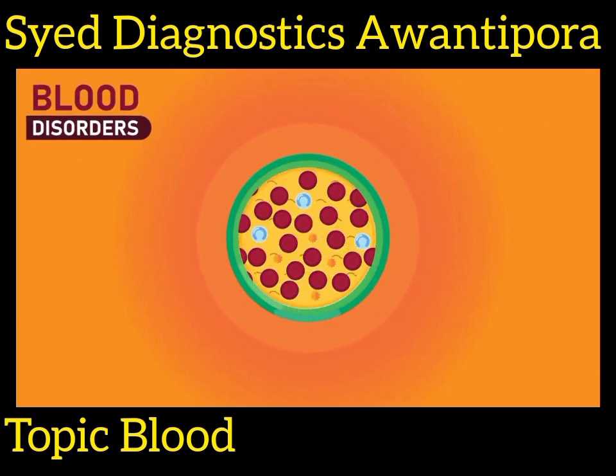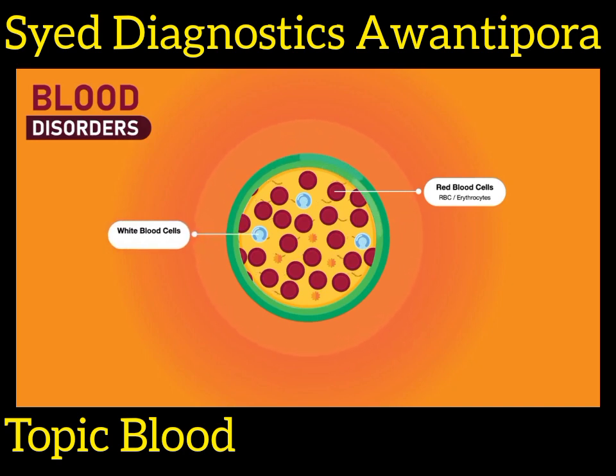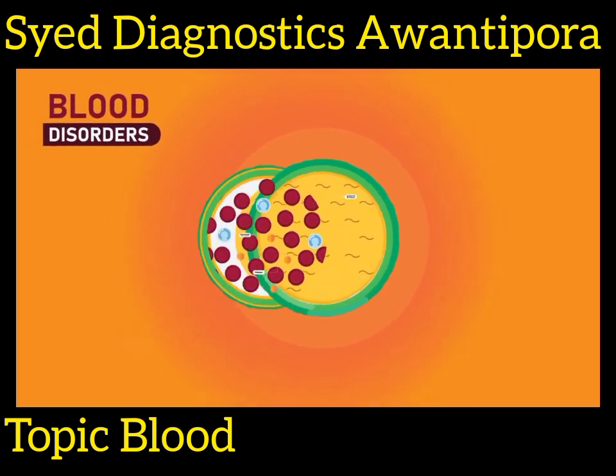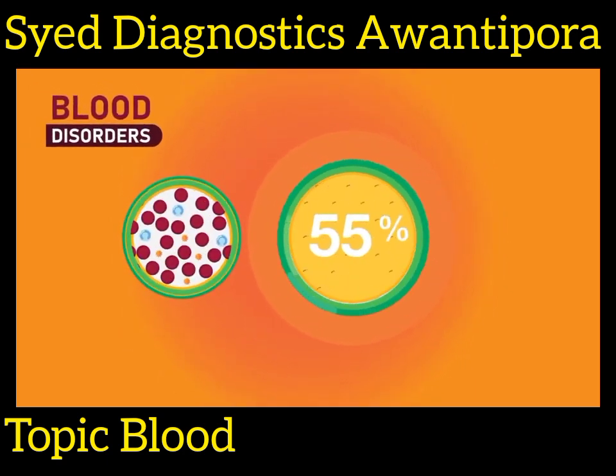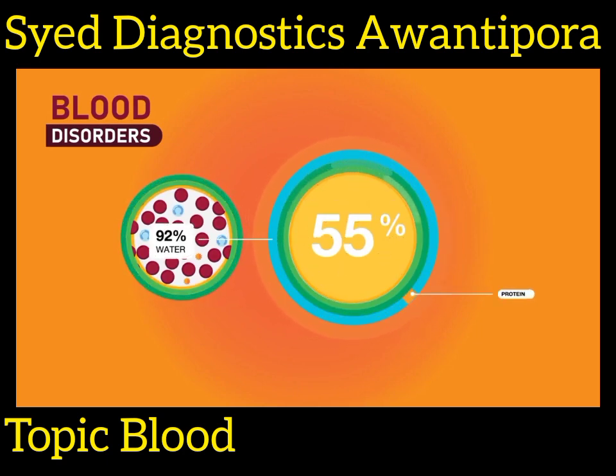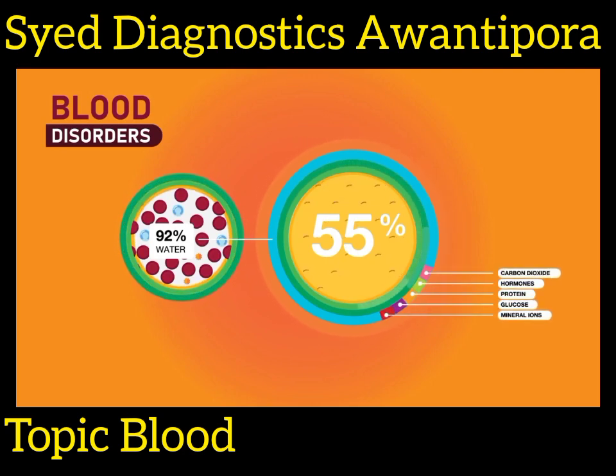The blood cells are mainly red blood cells, also called RBCs or erythrocytes, white blood cells, also called WBCs or leukocytes, and platelets. Plasma, which constitutes 55% of blood fluid, is mostly water, 92% by volume, and contains dissipated proteins, glucose, mineral ions, hormones, and carbon dioxide.